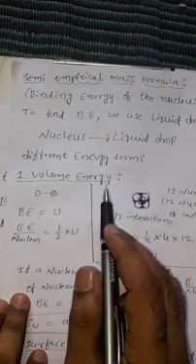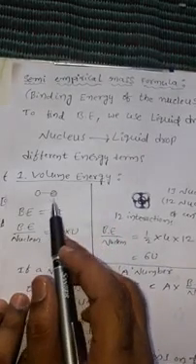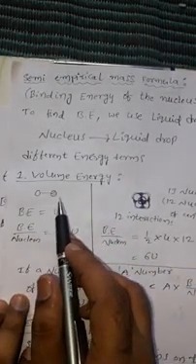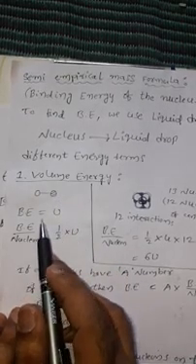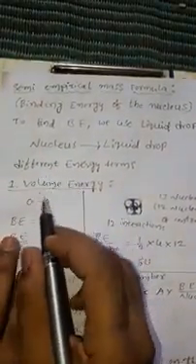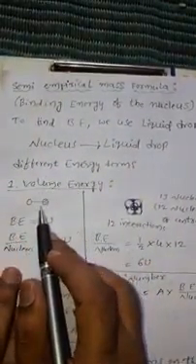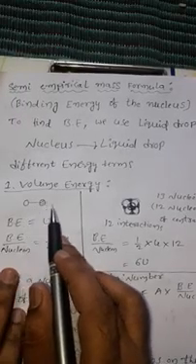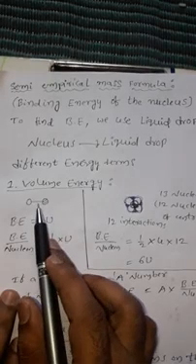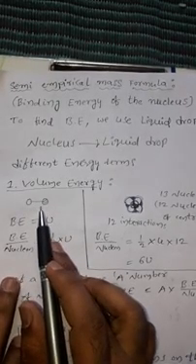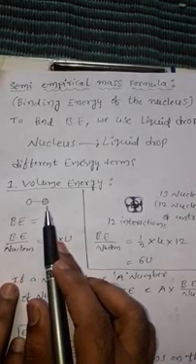To find volume energy, let us take a simple nucleus which has only two nucleons. How many interactions are there between these two nucleons? Only one.